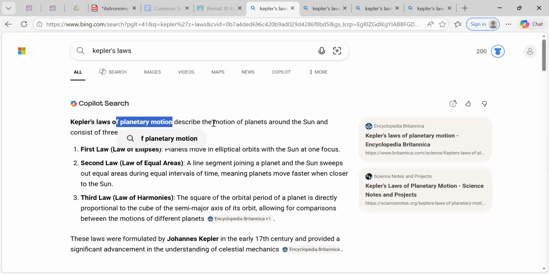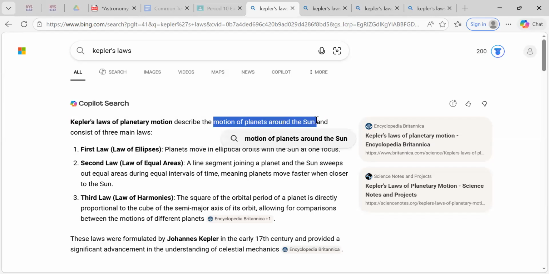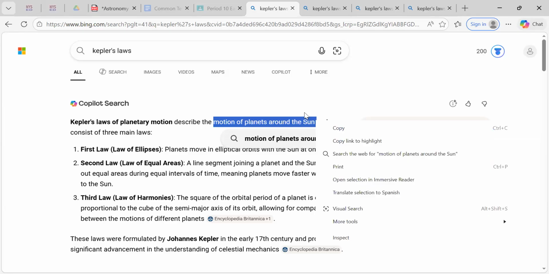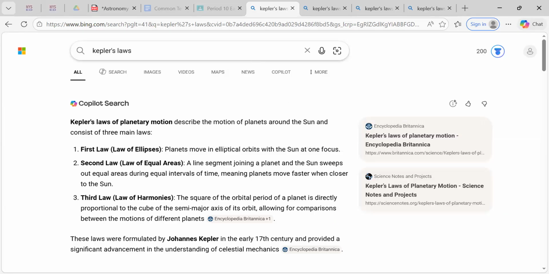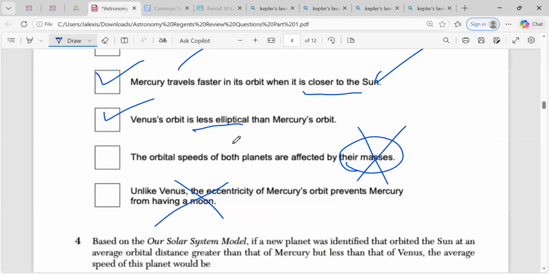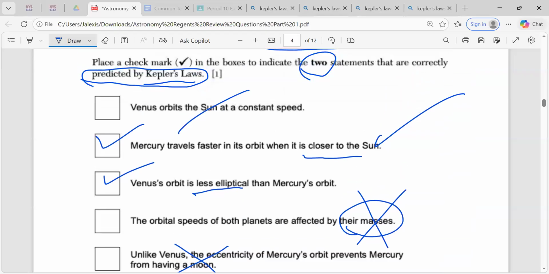It only describes how planets are moving around the sun, or how objects in space are moving around or orbiting another object. All right, so keep that in mind. Kepler's law doesn't apply to just planets, it applies to moons orbiting a planet, planets orbiting the sun, and satellites orbiting Earth. They all follow Kepler's law.